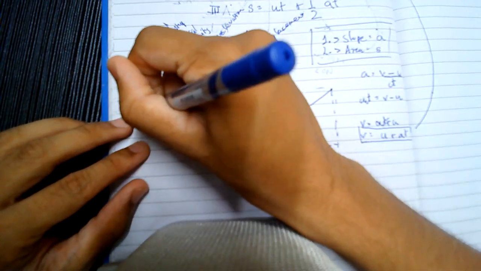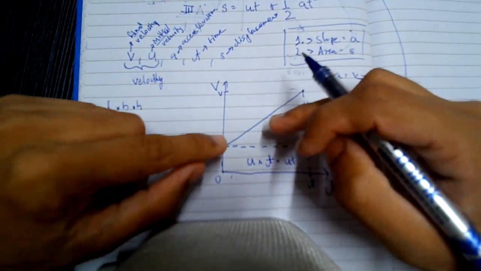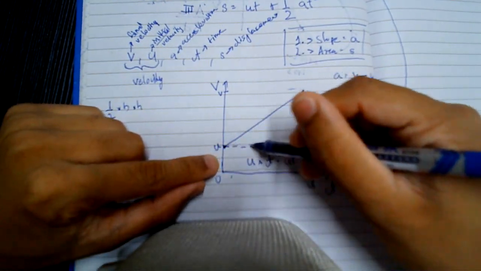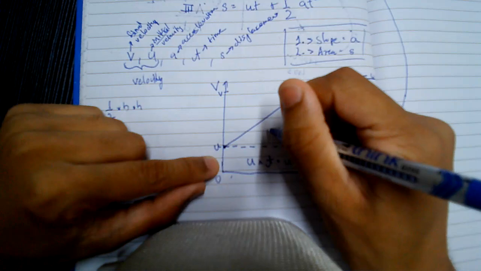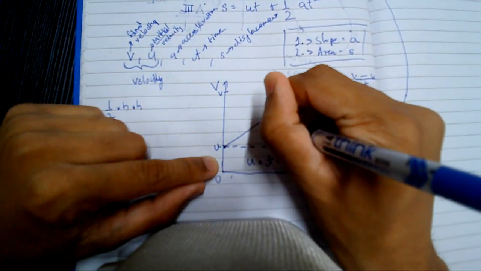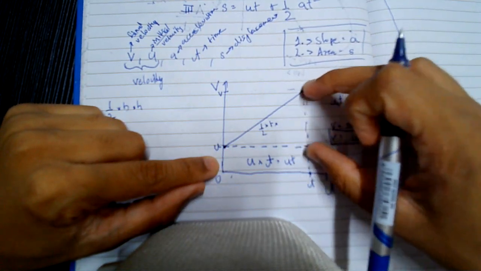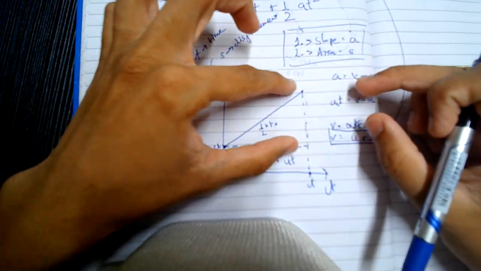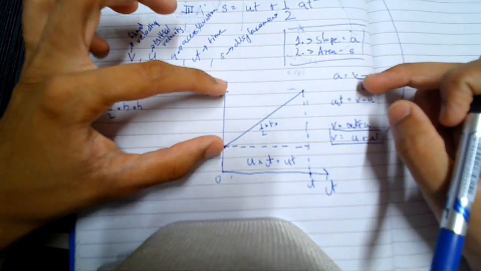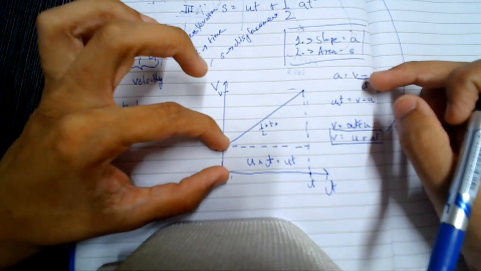What's the area of a normal triangle? It's half into base into height. The base here is the same as this length, it's just t. So it's half into t into, what's the height? This height, if you look carefully, is this height minus this height.